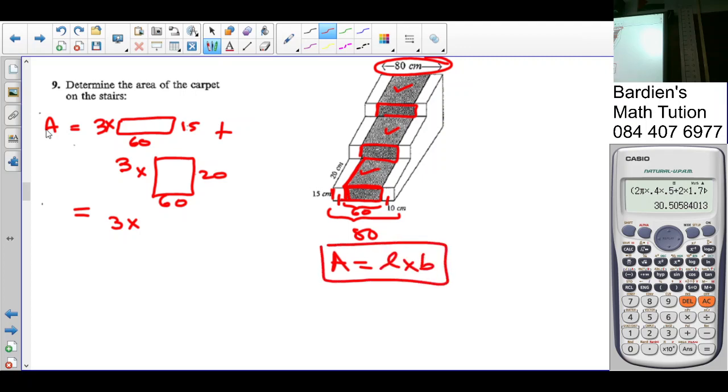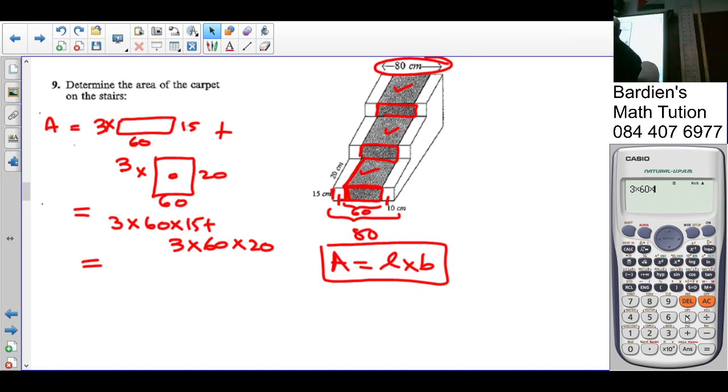So what's the length of this here? 60. Your breadth is 15, plus 3 times 60 times 20. It's all in centimeters. That's going to give us 3 times 60 times 15 plus 3 times 60 times 20. So they give you 6,300 centimeters squared.